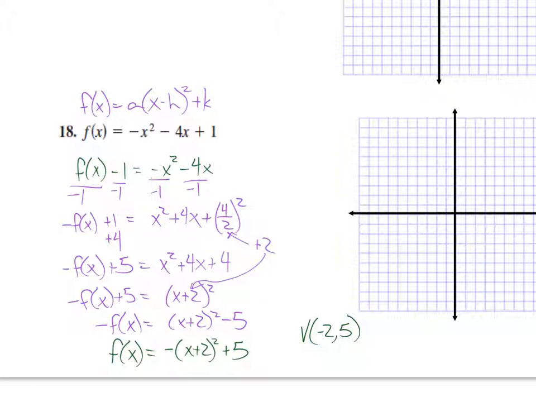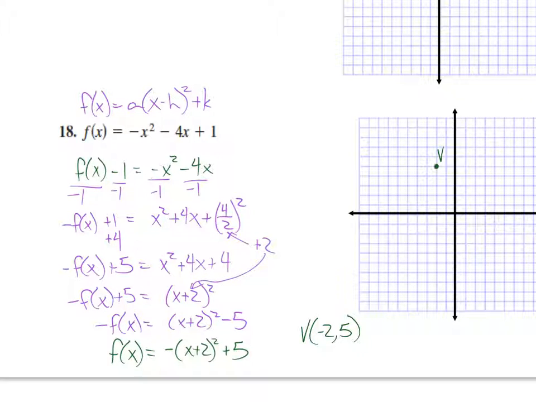It's to the left 2 and up 5, so negative 2, 5 is our vertex. And the other transformation is that it's reflected vertically across the x-axis.